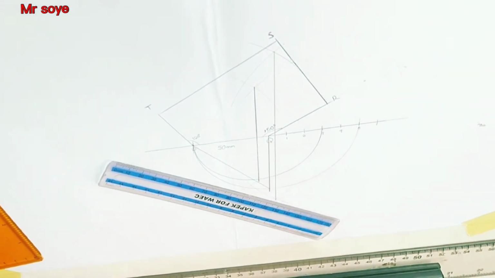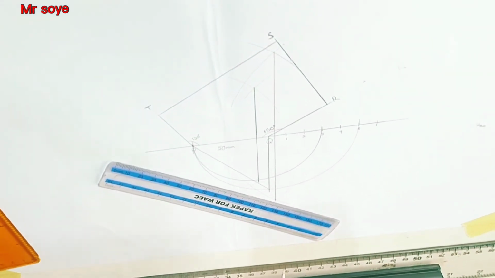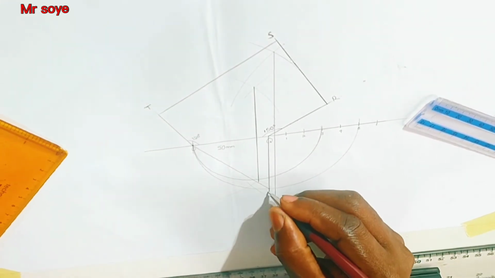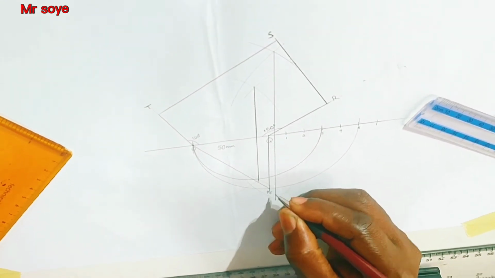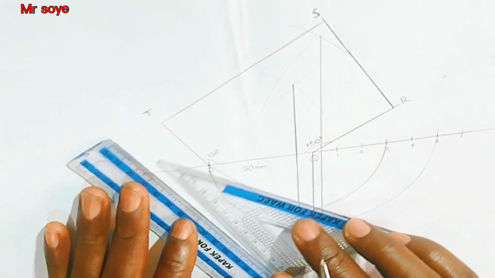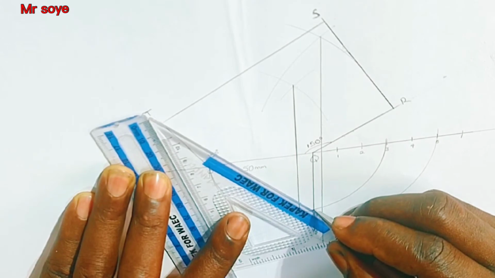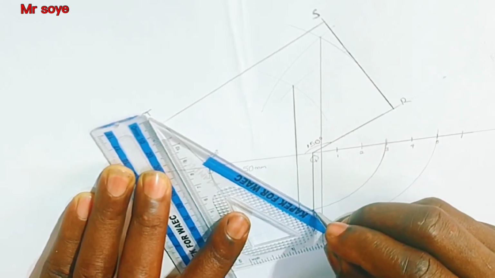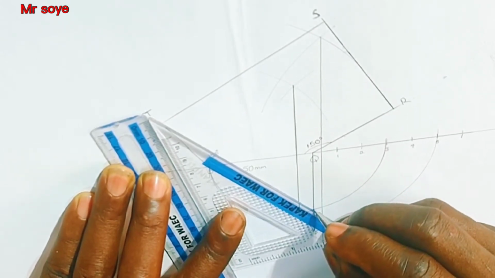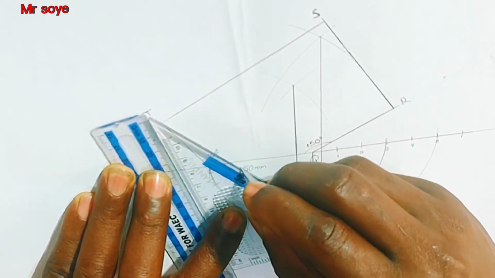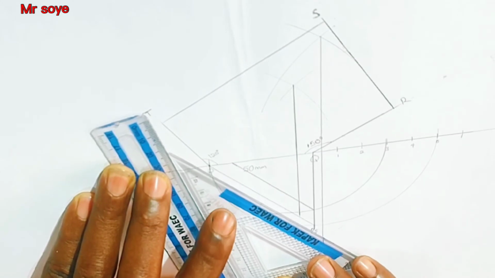Then you will now draw a parallel line to that point. Let me call it P5. You will do it for Q2, where the Q is touching the semicircle for P3. Good.